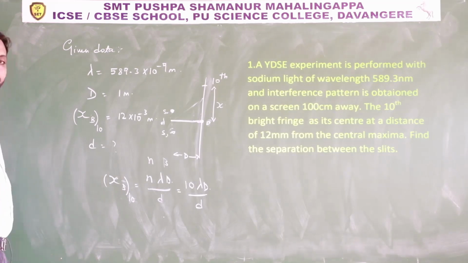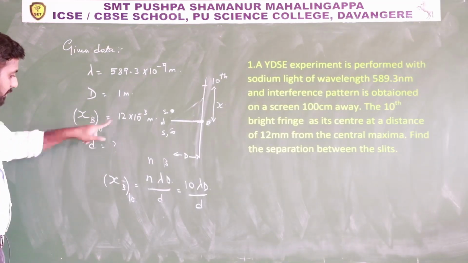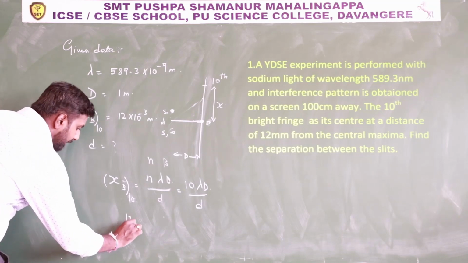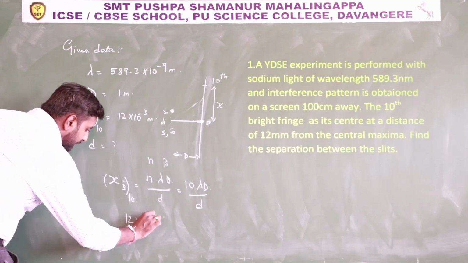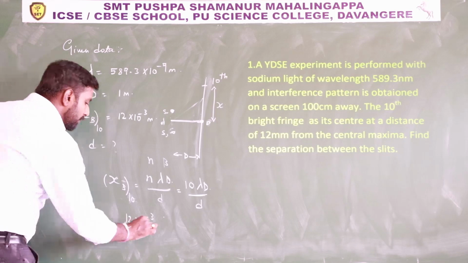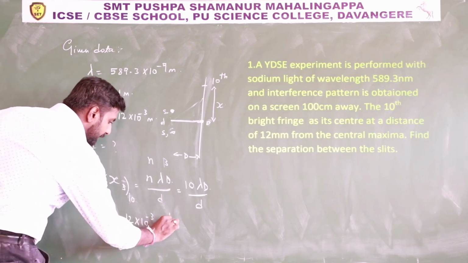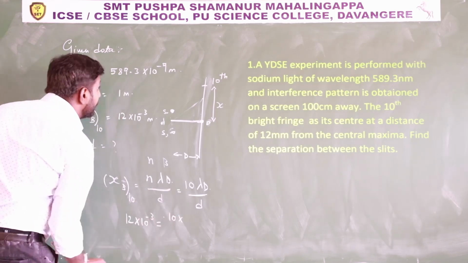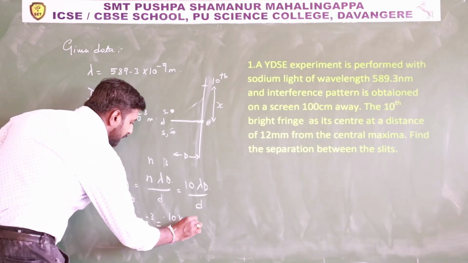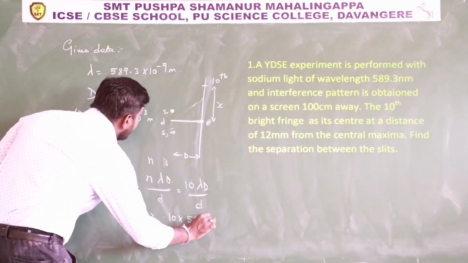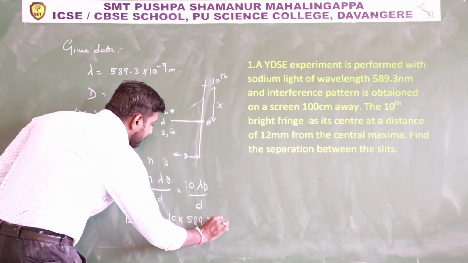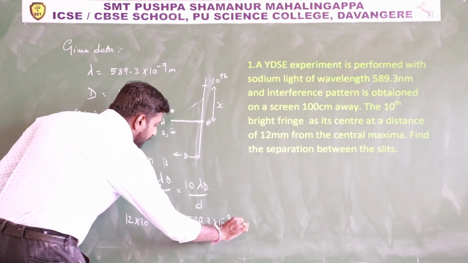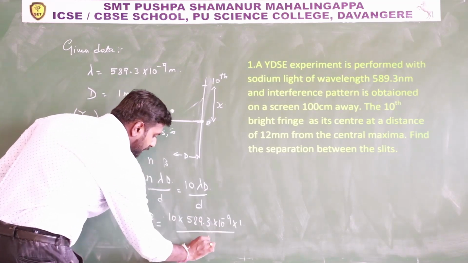Next, substitute the values. This value is 12 millimeter, 12 into 10 to the power minus 3 equals 10 lambda, the lambda value 589.3 into 10 to the power minus 9, capital D is 1 meter, and small d value you have to calculate.